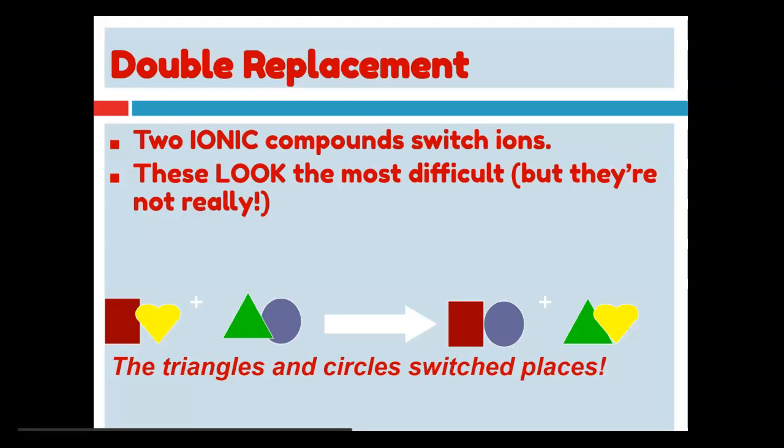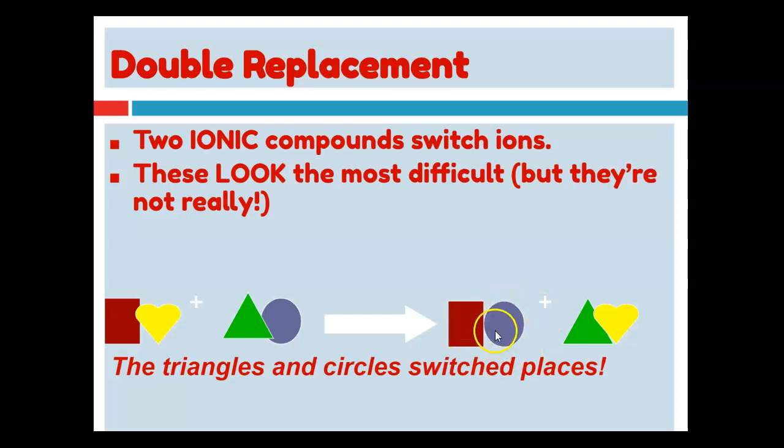So what happens is, this is like going out with your friends. Maybe you're a couple and you have a set of friends who are a couple, and you go out, and if you're dancing, you start dancing with your partner, and your couple friends start dancing with their partner. But for one dance, you trade partners. So the square, instead of dancing with the heart for the second dance, is now going to dance with the blue circle.